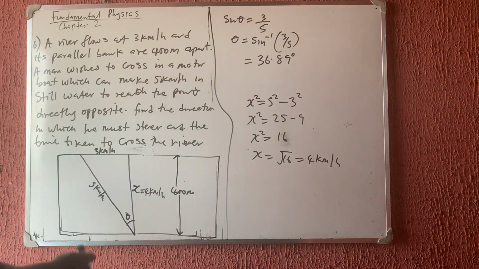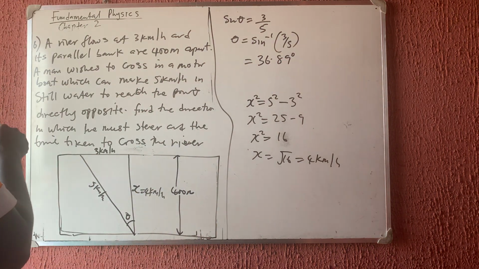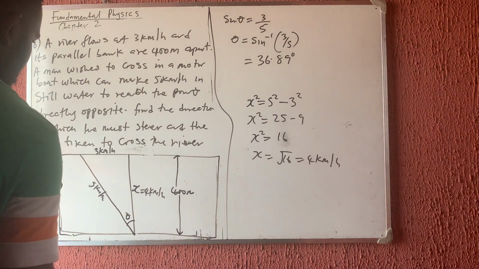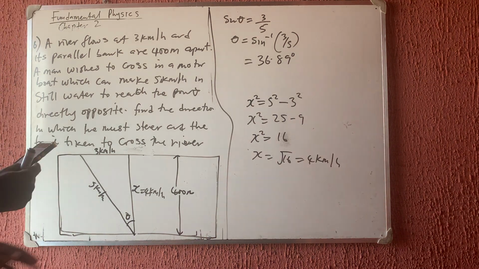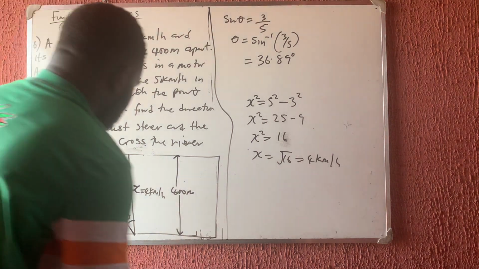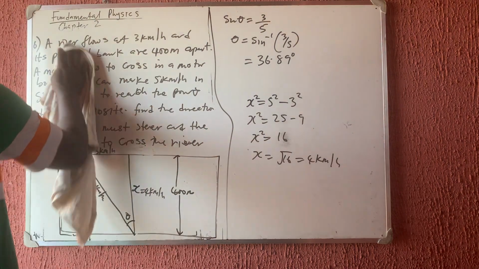So that is the correct answer. 36.89 degrees is the correct result. So that is the direction the man must follow, the angle he's going to steer to get to that point. So that is that.